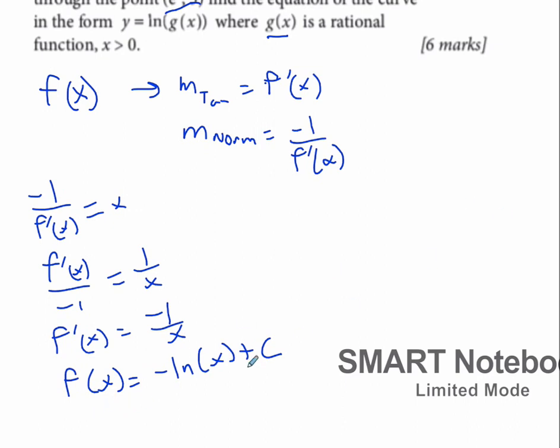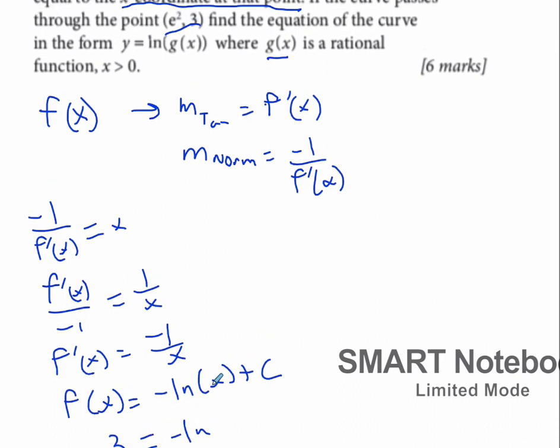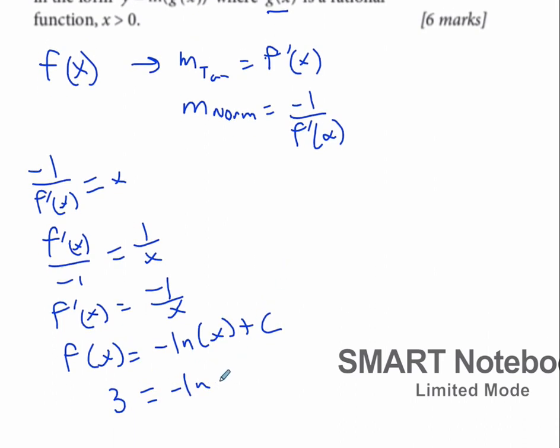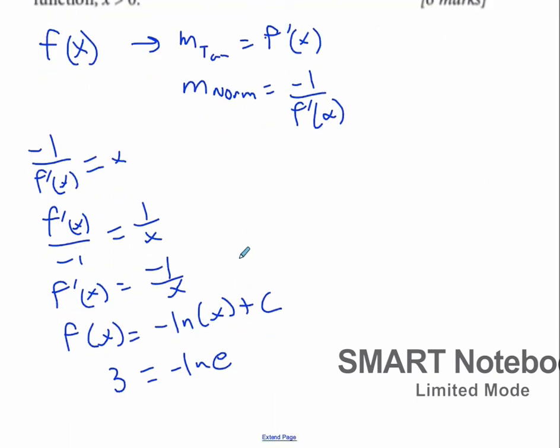So 3 is the y value, then we have negative ln e squared plus c. So 3 equals, now ln of e squared is 2, so c equals 5.